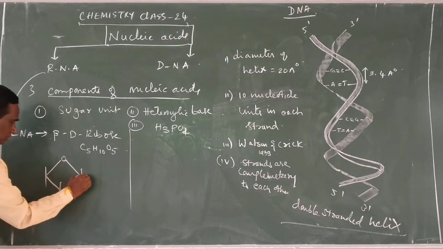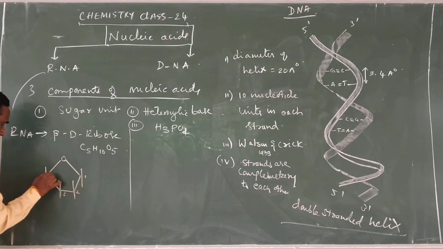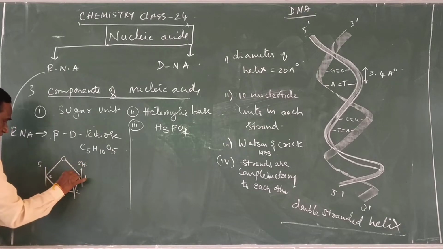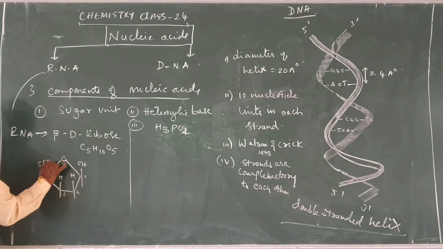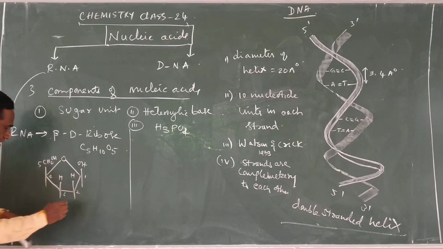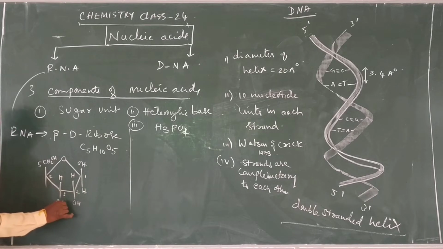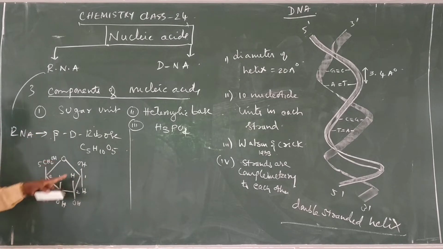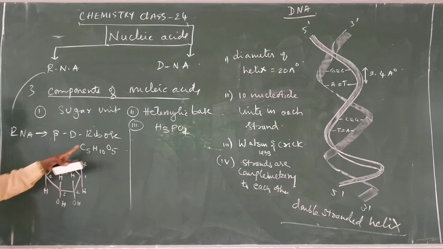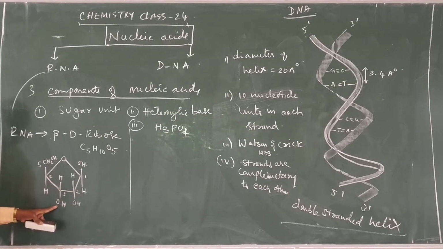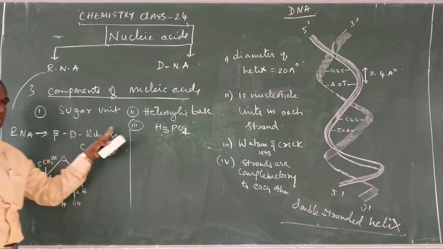It is a pentose sugar with carbons 1, 2, 3, 4, and 5, with OH, H, and CH2OH groups. Where one side has H, the other has OH. Counting, C5, H10, O5, so this is C5H10O5, called beta D ribose.